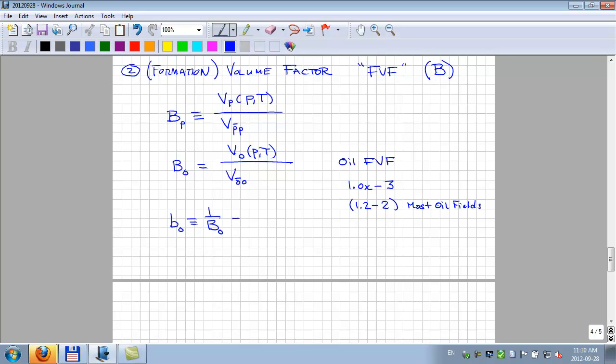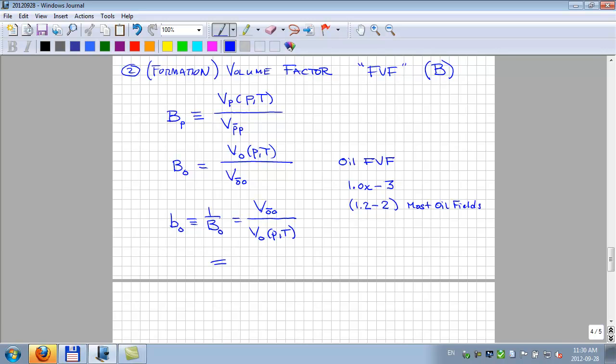And that represents the volume of surface oil coming from the oil phase divided by the oil phase at pressure and temperature.